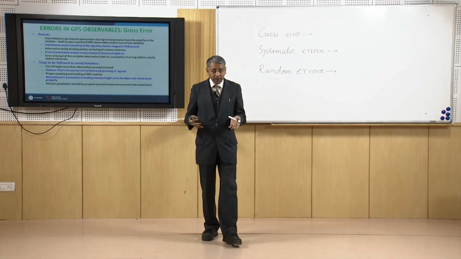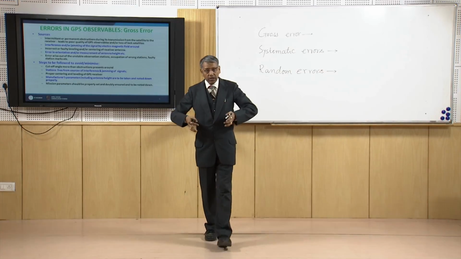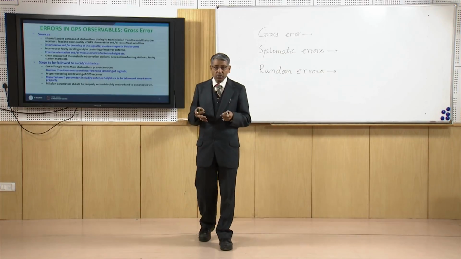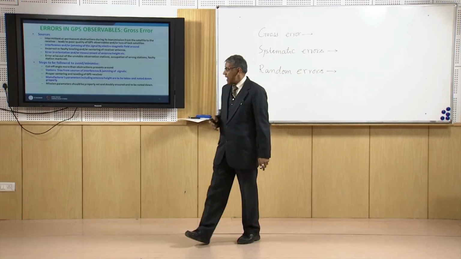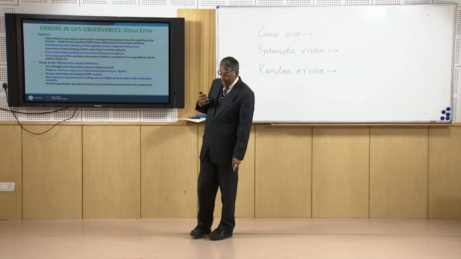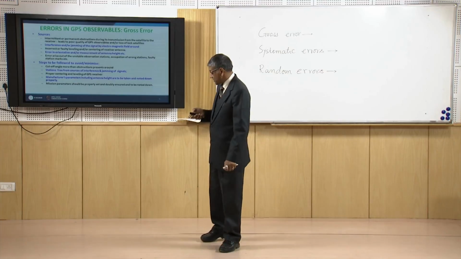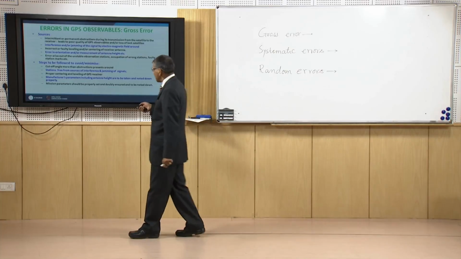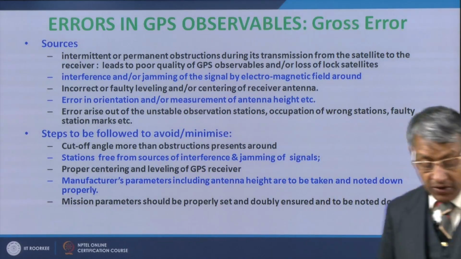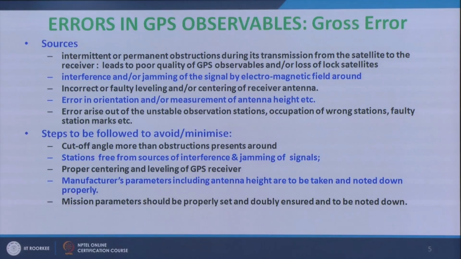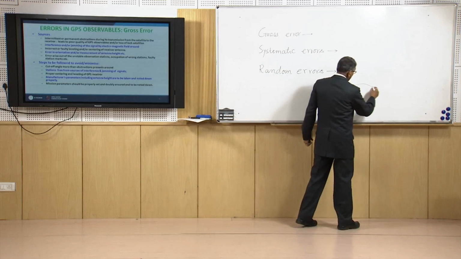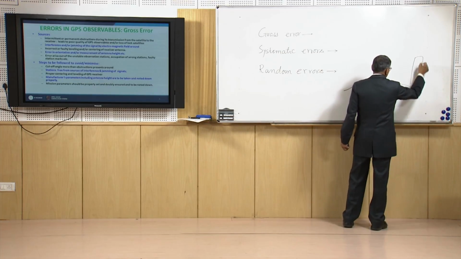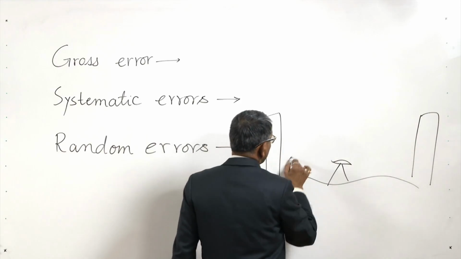So after taking the observations, we need to test the quality of the observables or the content of the observables, and we should identify whether our observables are associated with gross errors or not. Now, some of the steps which we can take before taking any observation: suppose this is the terrain and maybe some buildings or trees are there.